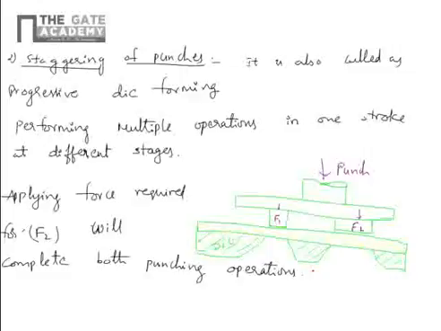It happens in a fraction of seconds, but in one stroke only. That's why it is called staggering of punches. Again, in the punches you can provide shear to reduce the force. This is one method.